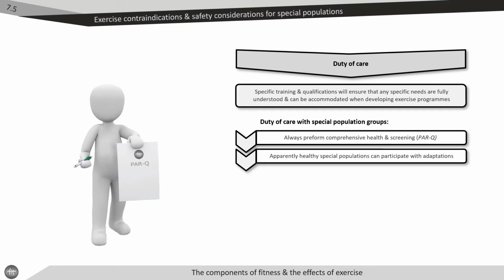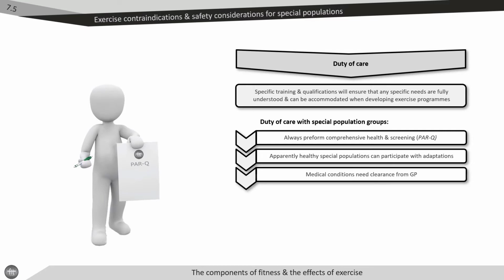If an individual is apparently healthy, then they can participate with adaptations suitable to their specialist group. If an individual is not apparently healthy, as they have identified in their health screen, then they will need to be signposted to a GP where they require either clearance or referral to exercise.